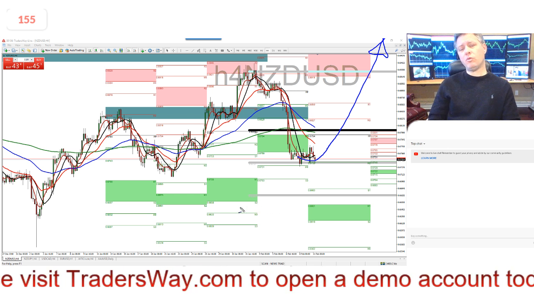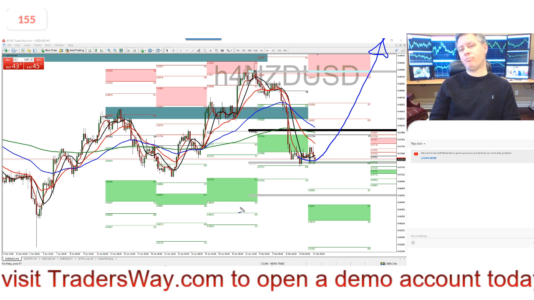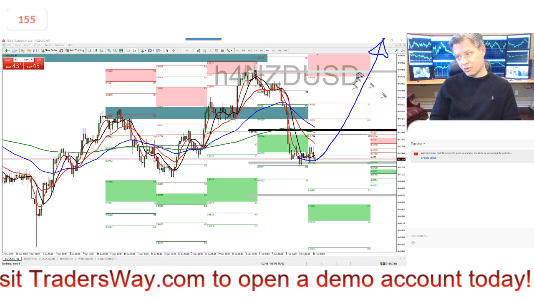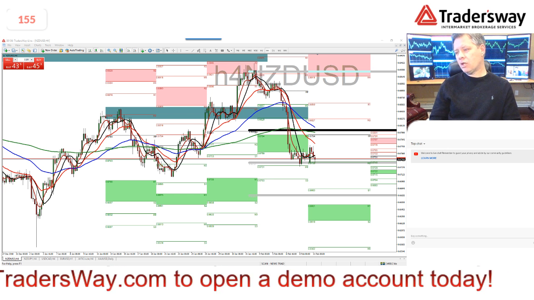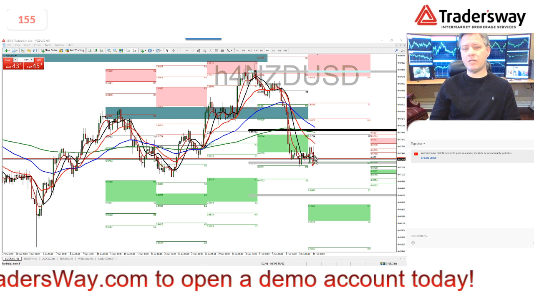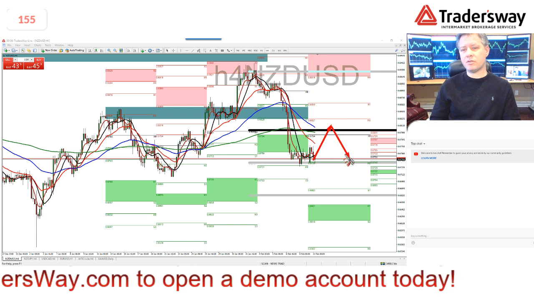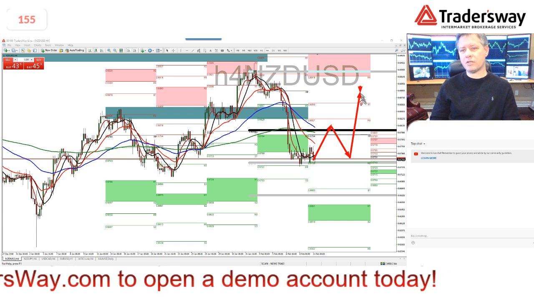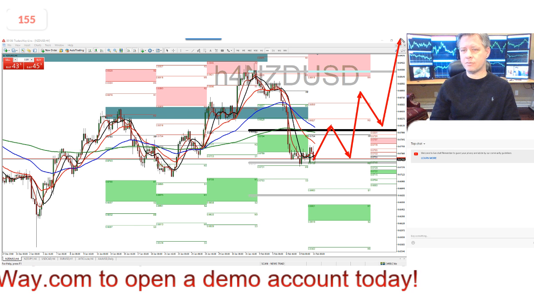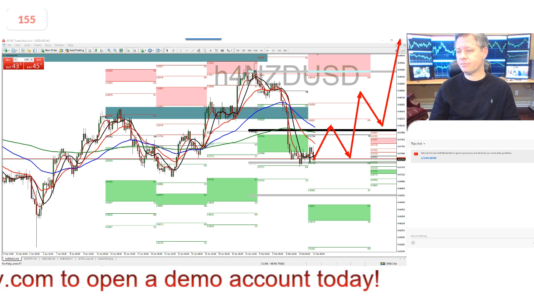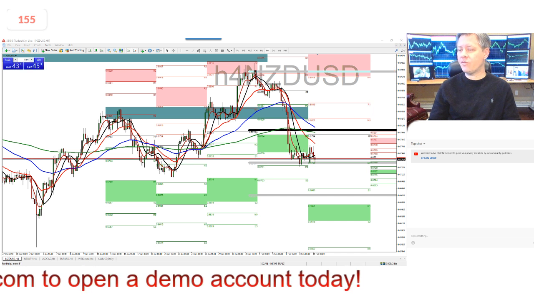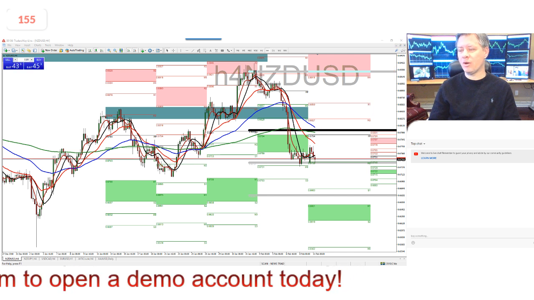I'm not saying you can't be a bull here, but if you think it's going to do that, you're wrong. If it's going to go up, it needs to do this, this, this, this. There is no such thing as a V-shaped reversal. So even if it's going to go up, it ain't going to go up like that.